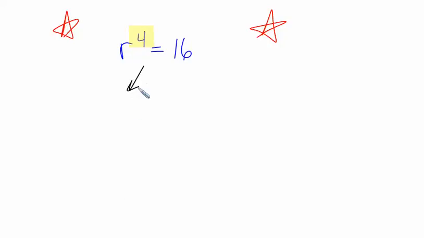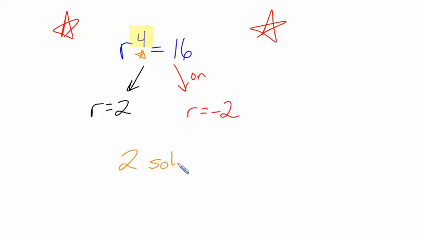On the one hand, r is equal to 2, because 2 times 2 times 2 times 2 is 16. But on the other hand, r could be equal to a negative 2, because a negative 2 times a negative 2 times a negative 2 times a negative 2 is also positive 16. So in those kind of problems, when you have an even exponent, you will get two different solutions. And you would need to solve for both of them.